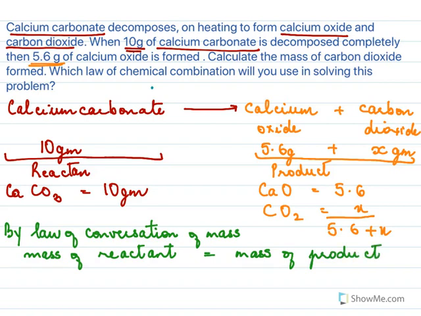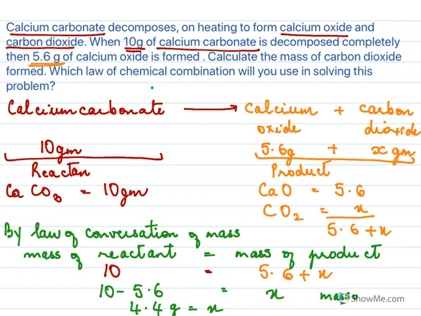Now the mass of reactant we take as 10 equal to mass of product. Mass of product is 5.6 plus X. So we go ahead and solve this. We'll get X, which is mass of carbon dioxide, is 10 minus 5.6, and that is 4.4 gram. So the amount of carbon dioxide produced is 4.4 gram.